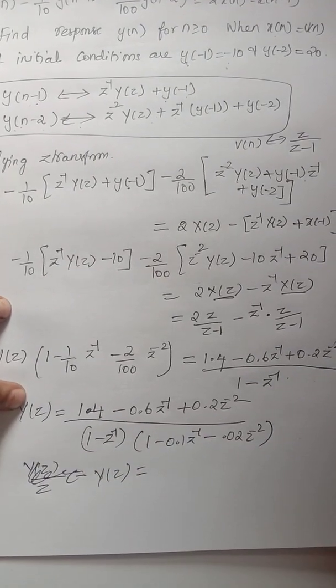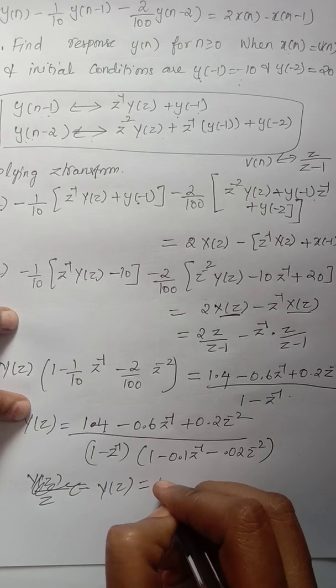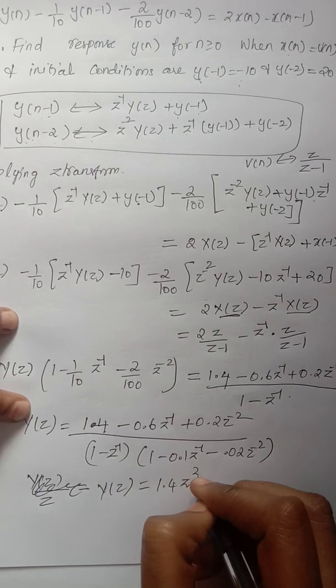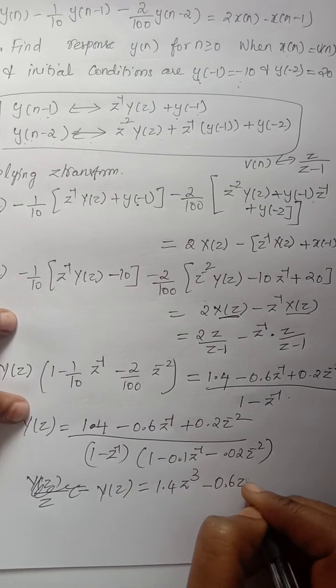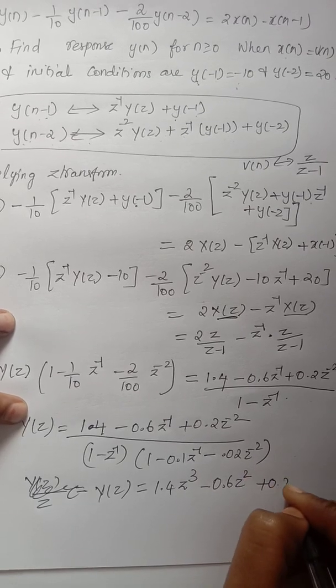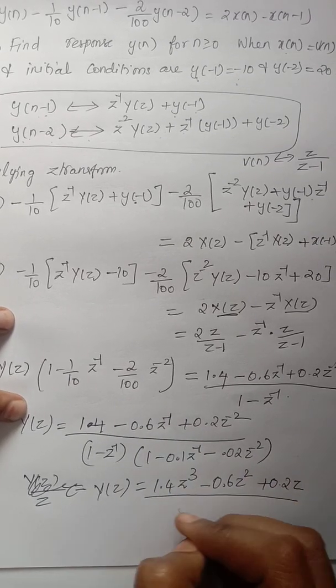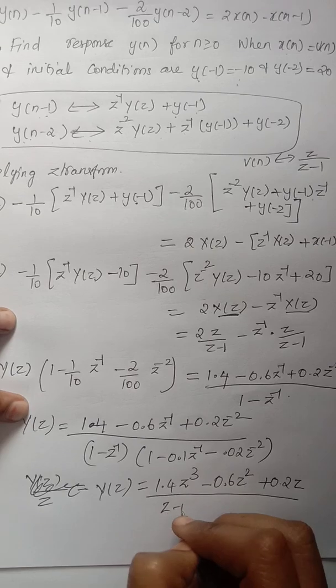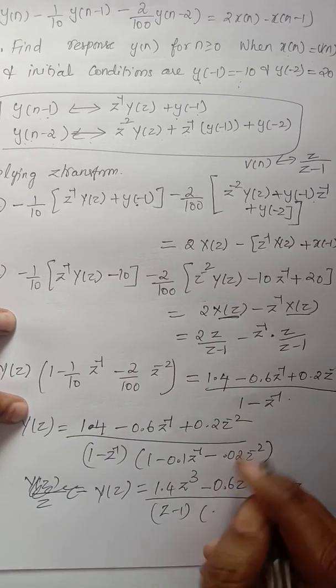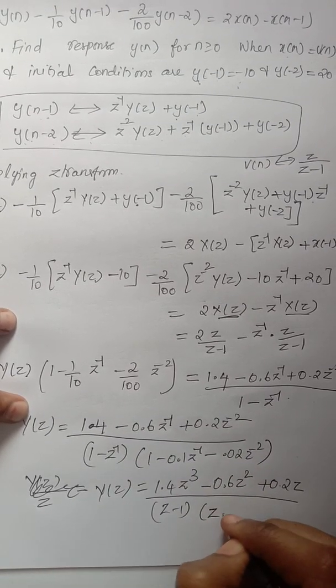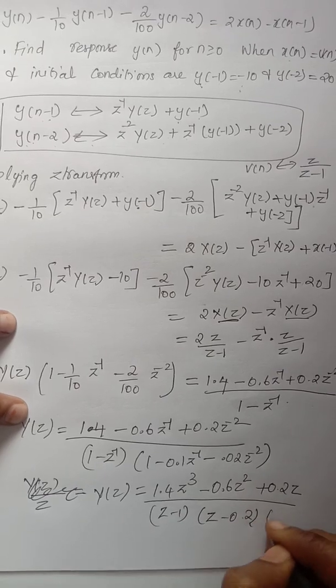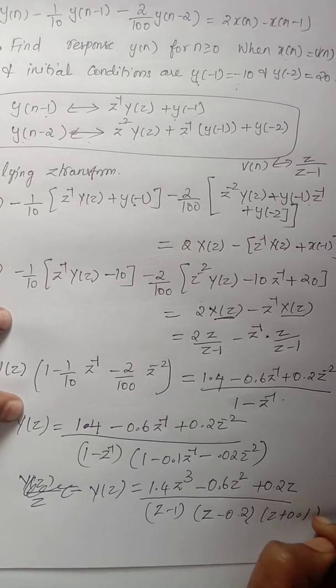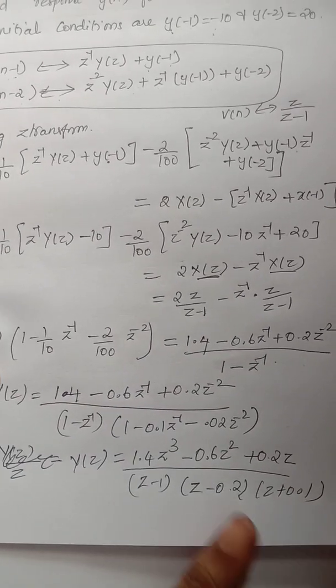So y of z is equal to 1.4 z cube minus 0.6 z square plus 0.2 z divided by z minus 1. Here when you factor it, you will get z minus 0.2 and z plus 0.1. Okay, so this is the resultant now.